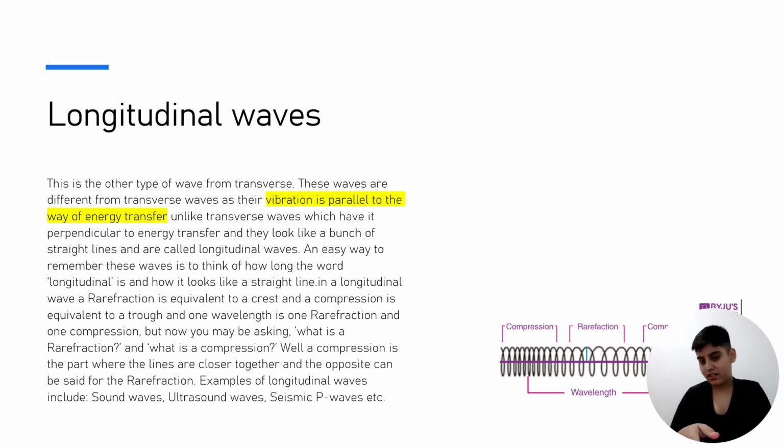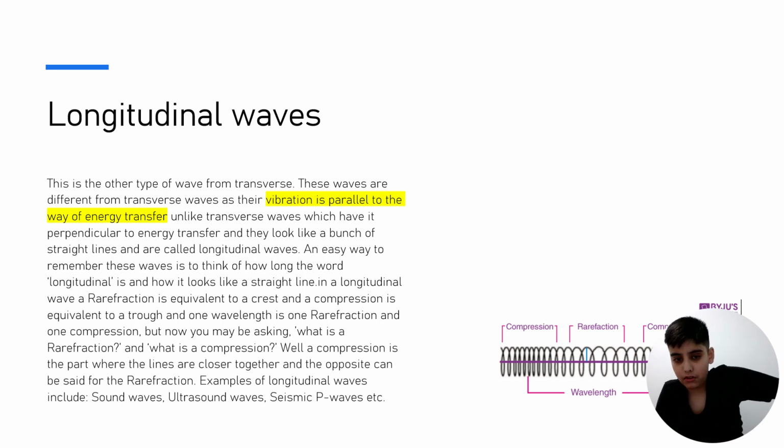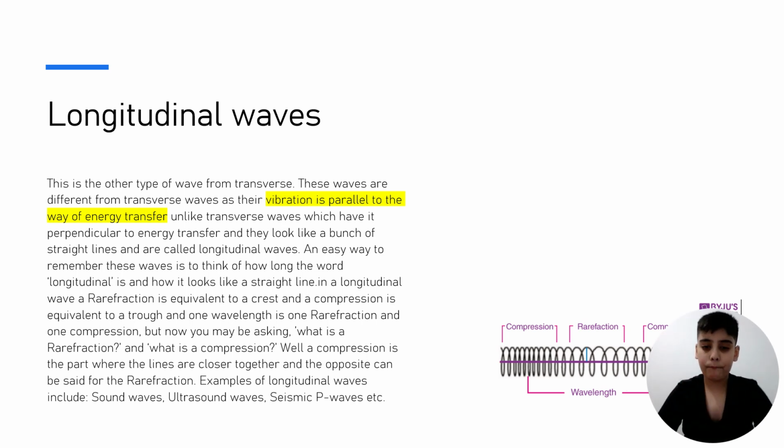It may not show in this picture, because this shows, on the right, sorry, a slinky being thrown. A slinky is a very good way to show waves, but normally you would see it as a diagram of straight lines. Okay. So that is what longitudinal waves are.